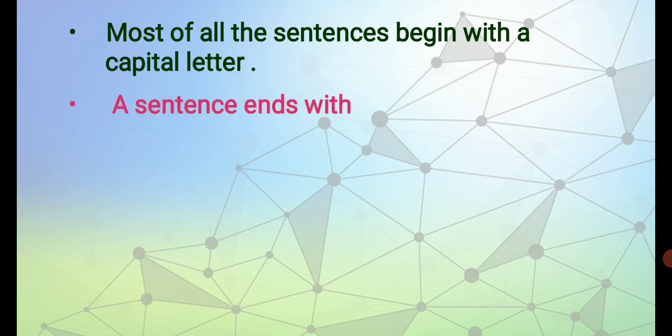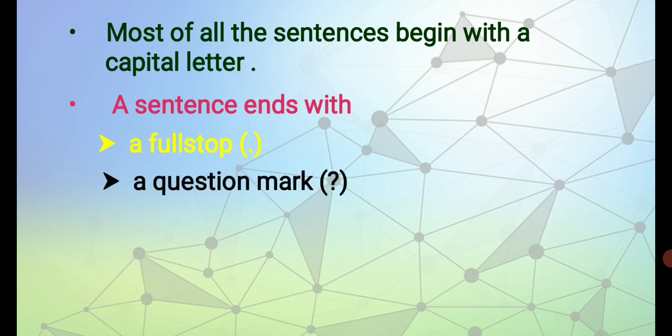And a sentence ends with, we already know that when it is a simple sentence, the sentence ends with a full stop. When we are asking something to someone, then the sentence ends with a question mark. When we have a strong feeling of sadness or happiness, then we put an exclamation mark after the sentence, right? So a sentence ends with a full stop, a question mark, or an exclamation mark.